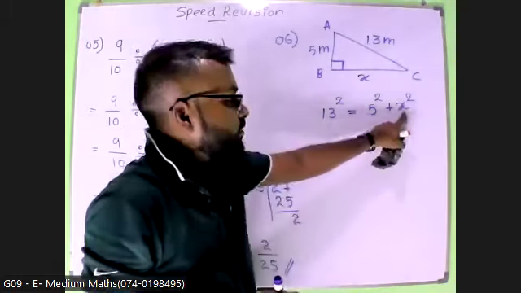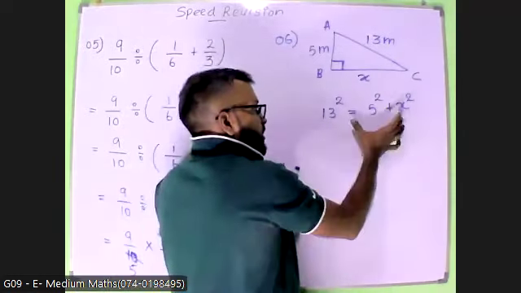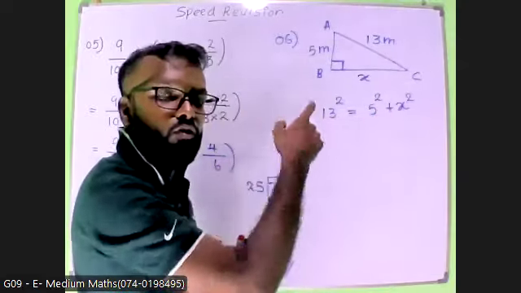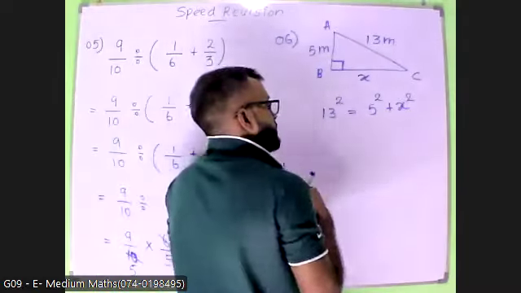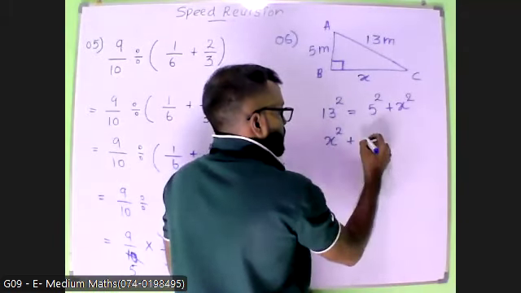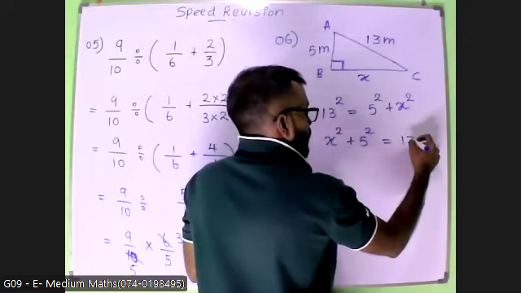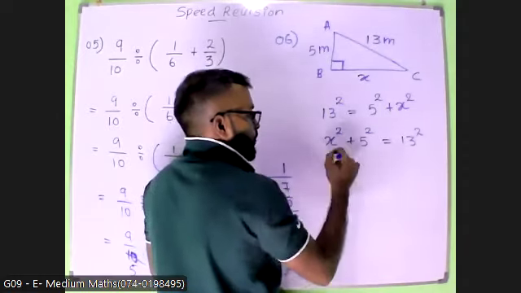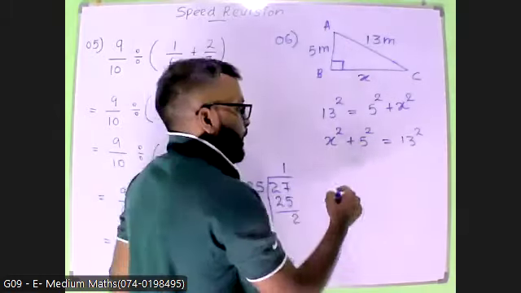So now you can find the value of x, right? This is something like an equation. If you want to find the value of x, you can change the sign. x to the power 2 plus 5 to the power 2 equals 13 to the power 2. I need to isolate x in order to find its value.